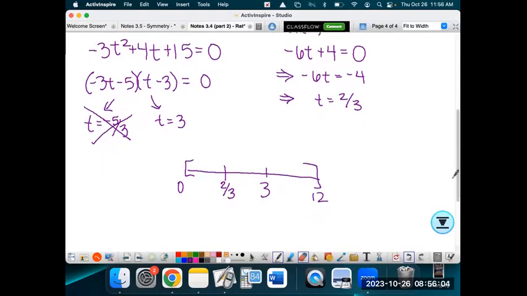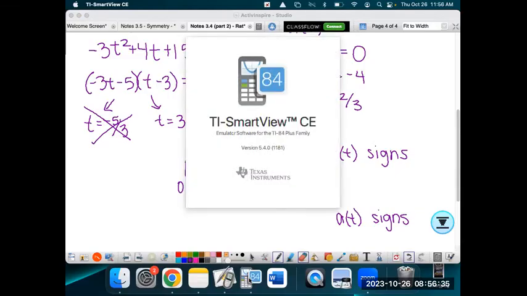And in each interval, I want to check out my velocity signs and my acceleration signs. So I'm going to put my velocity signs up top, and I'll put my acceleration signs in the bottom. So let's see, something that's smaller than 2/3 would be half. If I plug half into my velocity function, it'd be negative 3 times half squared plus 4 times half plus 15.